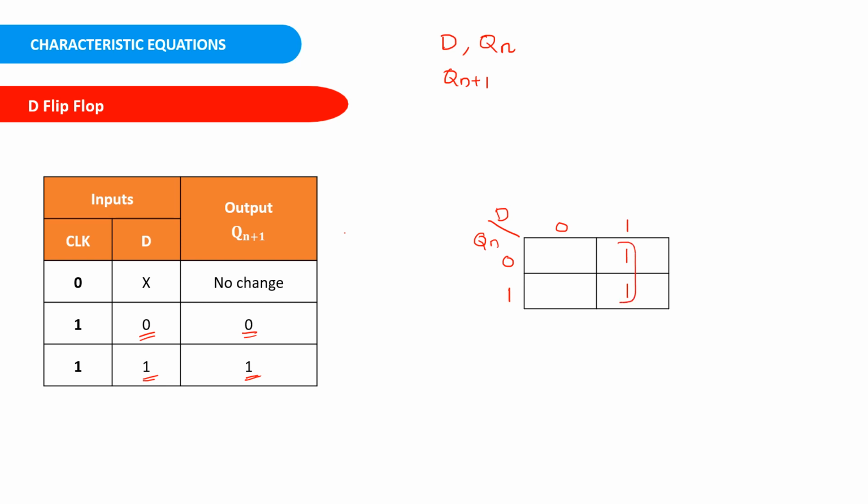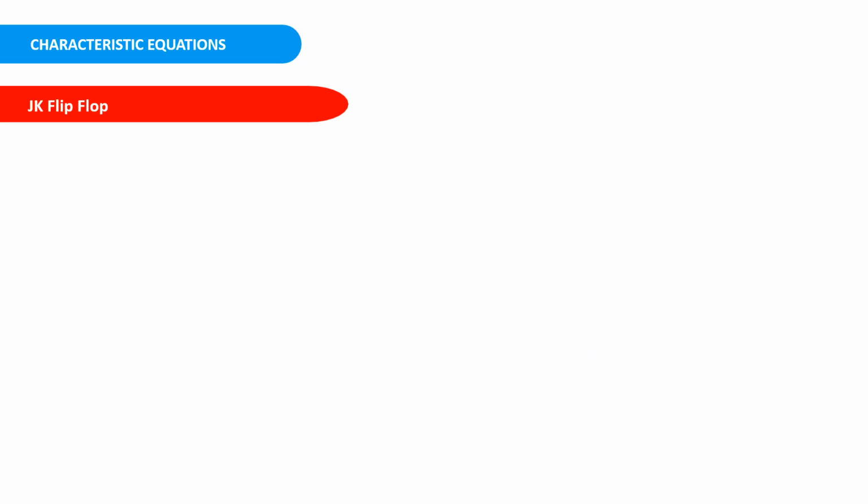If you group it, Qn plus 1 will be equal to D. So the next state will be equal to the input that we apply at the D terminal.